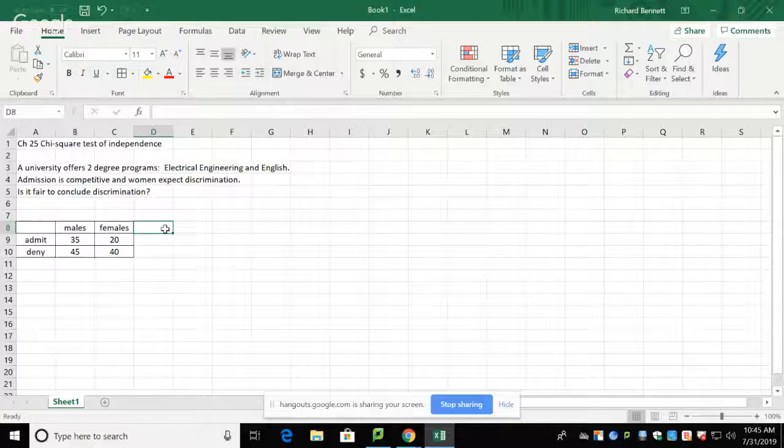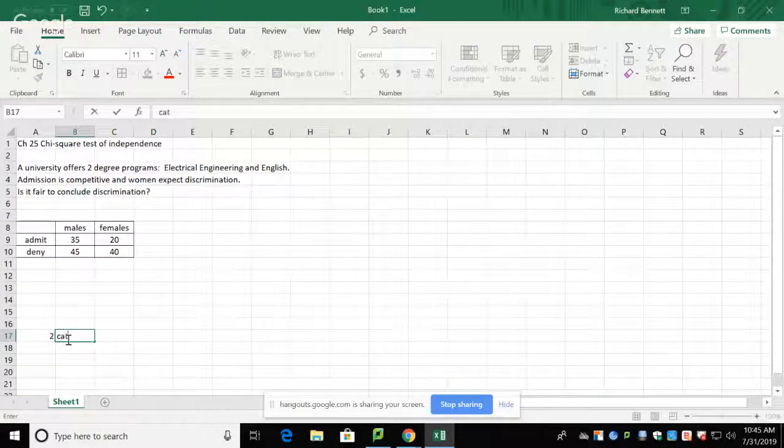Bar graph. A potential bar graph. Bar graph rather than a histogram, is that what you're saying? Why would I choose a bar graph instead of a histogram? What kind of data do I have? Here, we'll answer question 2 right now. What kind of data do I have? Why is it categorical? You got admitted or you did not get admitted. Okay, so this is categorical data.